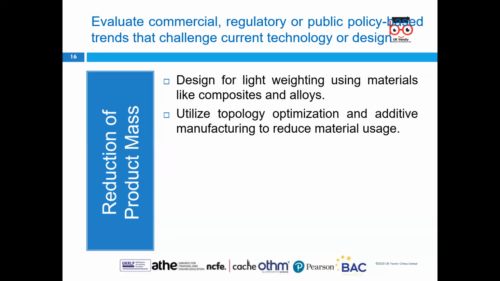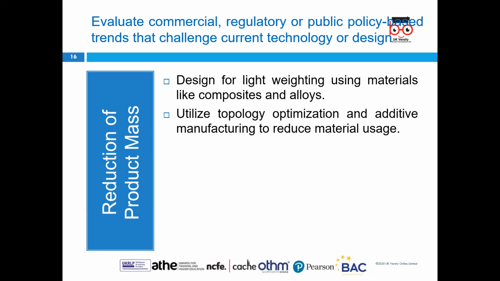Then reduction of product mass. So again, the design needs to be focused on lightweighting using materials like composites and alloys. The topology optimization can be utilized, for example, in the core design, and additive manufacturing can be used to reduce material usage.